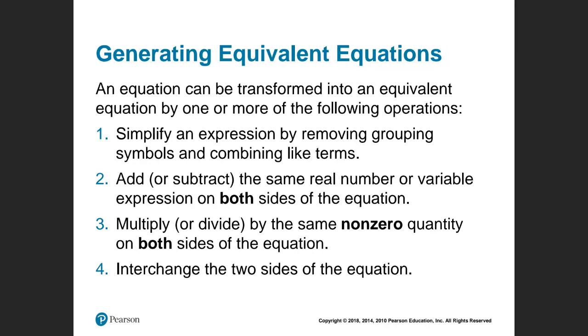Add or subtract the same real number or variable expression on both sides of the equation. 3. Multiply or divide by the same non-zero quantity on both sides of the equation. 4. Interchange the two sides of the equation.